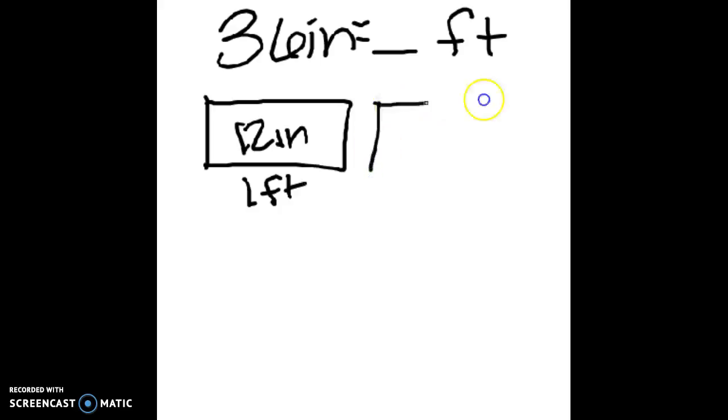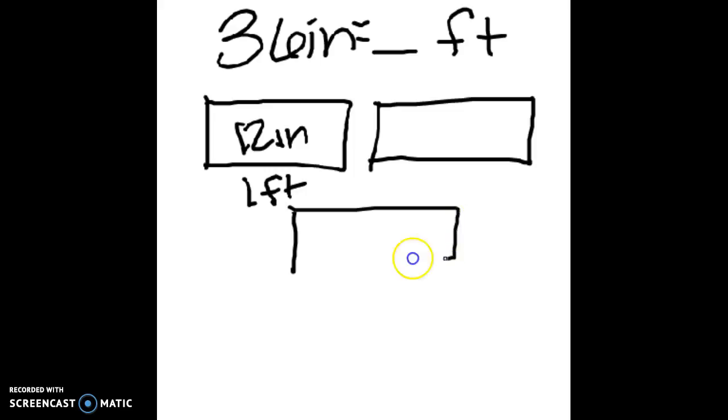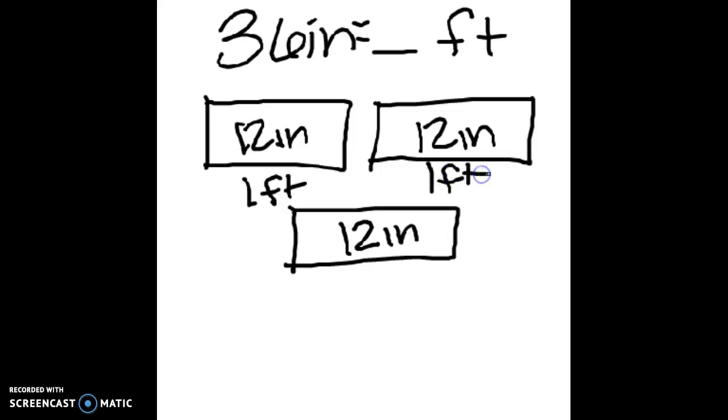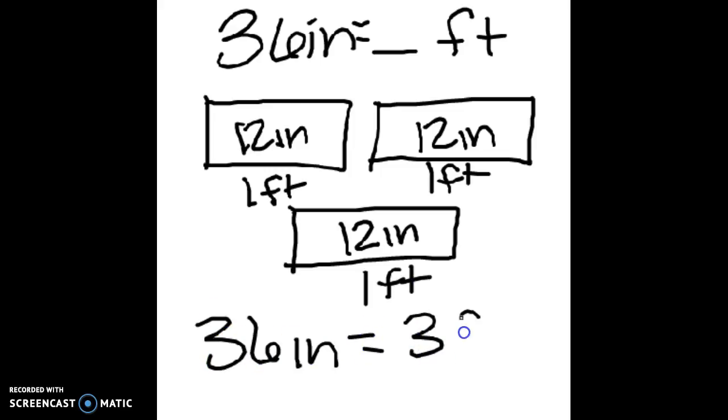Then I need to see how many rulers I am going to have in order to get 36 inches. Well, 12 inches would give me 1, 12 inches again would give me 24, and another 12 inches would give me 36. So now I have 1, 2, 3 feet. So 36 inches is the same as 3 feet.